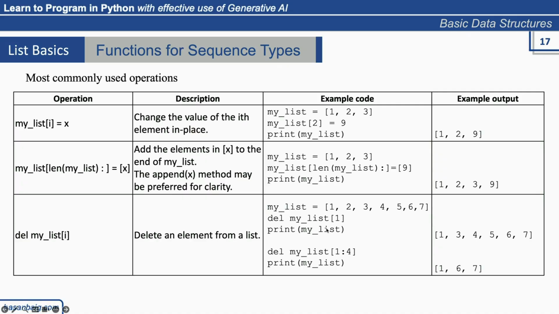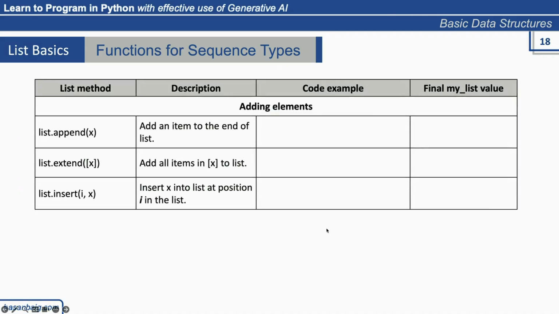Okay. We also have talked about the append method. We have discussed this, you don't need to worry about it. There is also an extend method. It adds all items in X to the existing list. So my underscore list 5, 8 is the original list, and I'm trying to extend it with a new set of elements 4, 12.